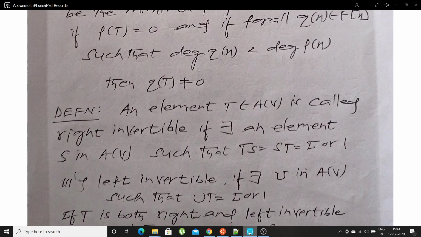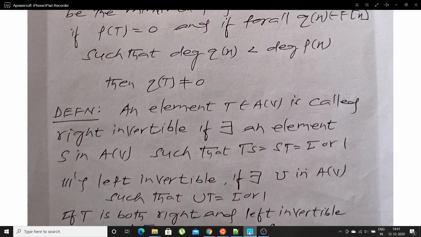Remember, if it is right invertible, s appears on the right hand side. If it is left invertible, that element appears on the left hand side. Let me repeat. If it is right invertible, the element s, I mean the next element, not t, the element s appears on the right hand side. If it is left invertible, it appears on what?